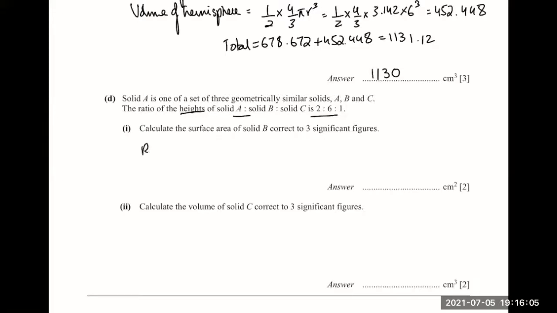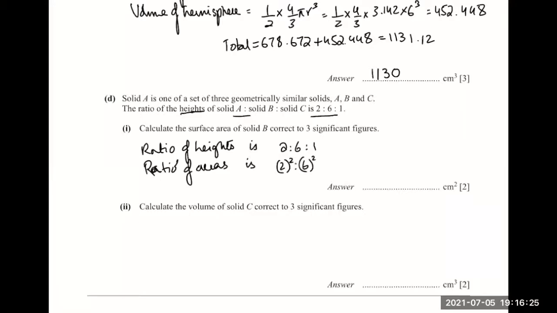If the ratio of heights is 2 is to 6 is to 1, do you understand that the ratio of areas is 2 square to 6 square to 1 square, which means that A, B, and C have the ratio of areas as 4, 36, and 1.